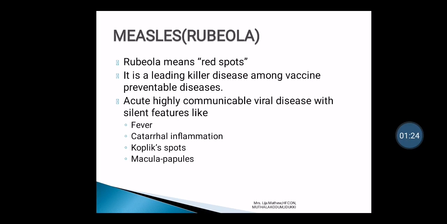We'll be seeing in the clinical manifestations what all this means. It is a highly killer disease among the vaccine preventable diseases. It is a really acute, highly communicable viral infection. So let us see further what measles means and how it is caused.